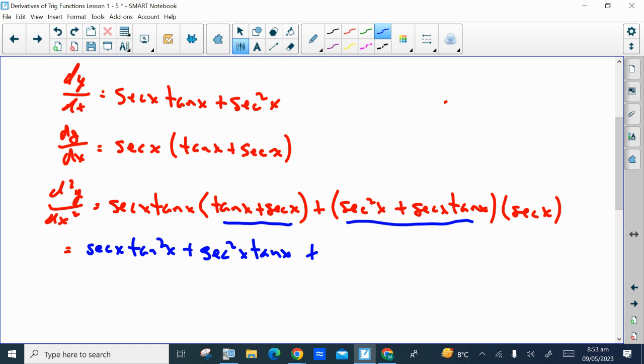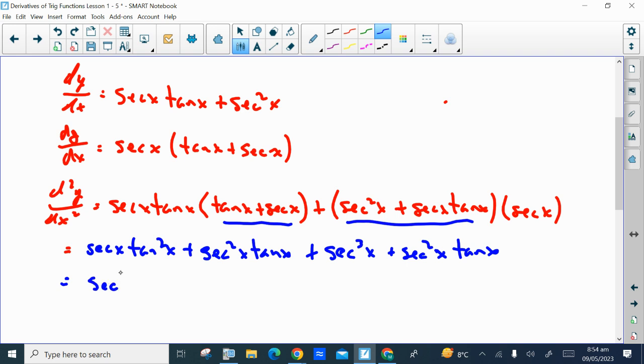I multiply them both by secant x. Sec squared x times secant is sec cubed x plus sec squared x tan x. And now I can see that I actually have two terms that have sec squared x tan x. So I can combine them.